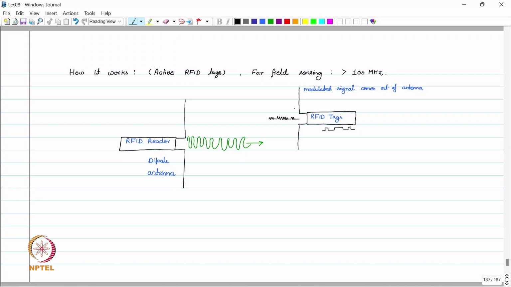So this RF signal will come out from this transmitting antenna, and this signal will be sent towards the reader, which will be going to detect this signal.